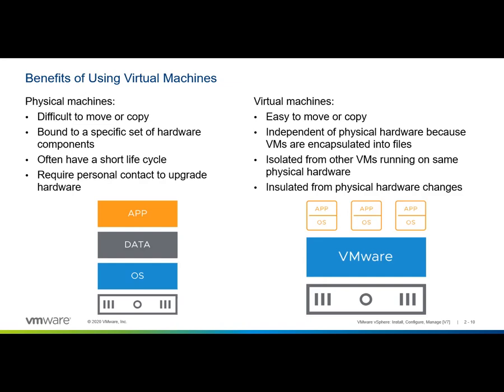Sometimes you do have to shut it down because the processor is new, so you'd want to shut it down and boot it up so the OS would load the right drivers for the new processor. And it would just instantly run faster. So it's independent of physical hardware, because everything's encapsulated in files, isolated from other VMs running on the same physical hardware, and pretty much insulated from hardware changes. It's a whole lot easier. It's a lot of benefits.